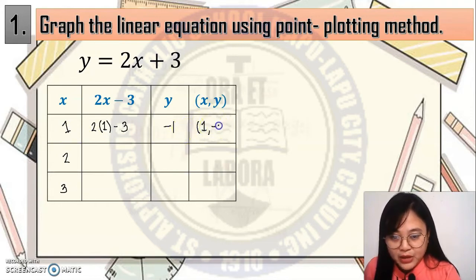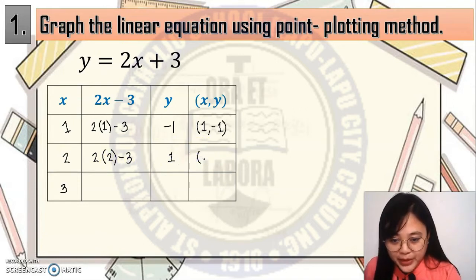That is now our first point. Next, copy 2 in the given equation. Change the value of x to 2, plus 3. So 2 times 2 is 4, plus 3, that is 7, correct?